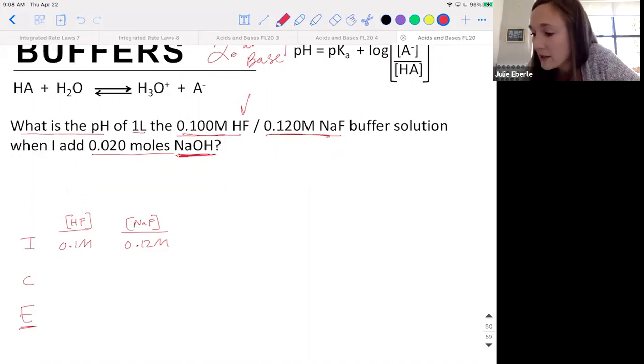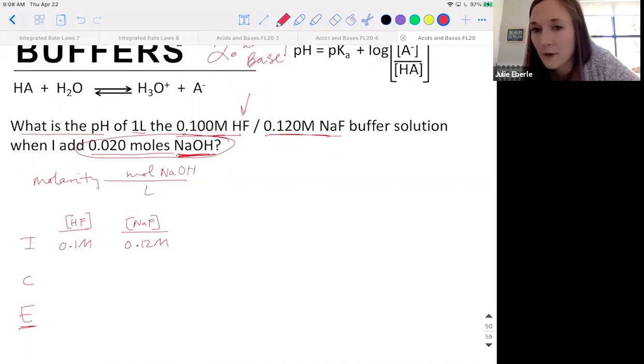We have to calculate the change by looking at how much of our base we add. We're going to neutralize all of that base. So we need the concentration. Concentration is molarity, so we just need moles of NaOH divided by liters. We have to calculate the molarity of our NaOH. That's how much the concentrations of our buffer components will change by.